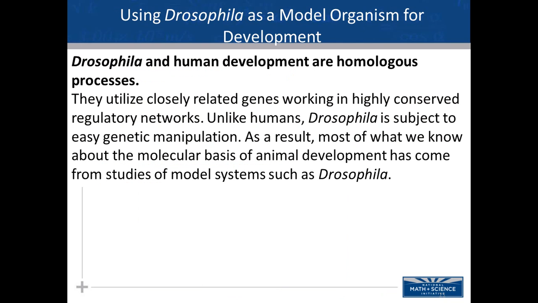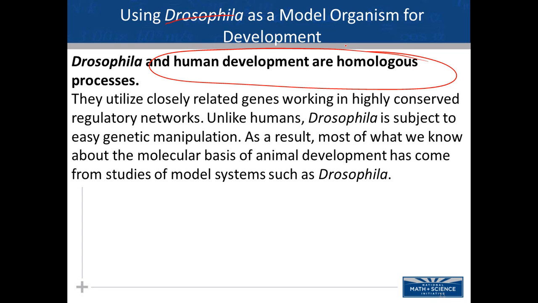This process of development, cell differentiation and determination, has been studied extensively in Drosophila, or the fruit fly. And here's the crazy thing. They have found out that many of these processes are homologous structures, that they also occur in humans.